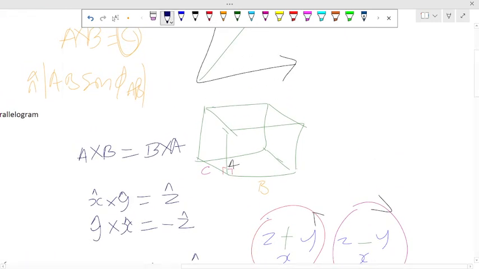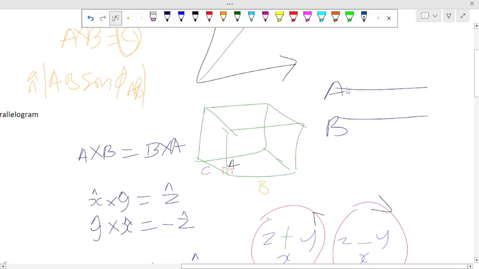But if they are parallel, you know parallel lines are lines that when extended never meet. So if vector A and B are parallel, what is the angle between them? Zero. They are in the same direction, the same x, or y, or z.